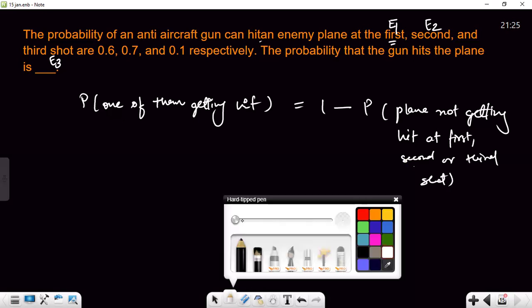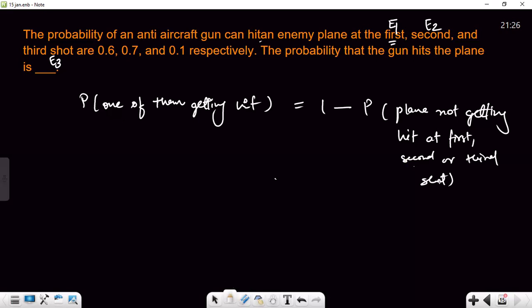This is the opposite of the given event, one of them getting hit. So we will be able to find out the probability of the event by doing this.